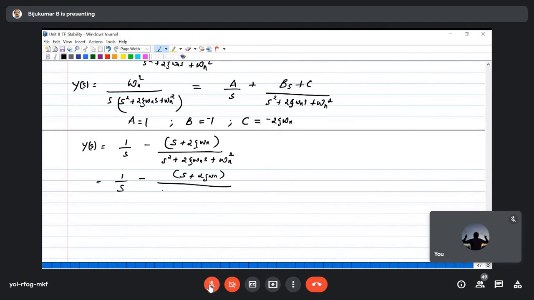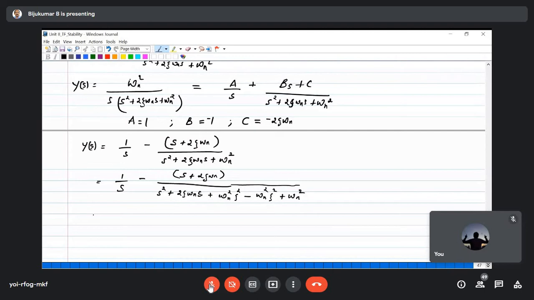In the denominator part, I'm introducing 2 zeta omega n s, plus I am adding and subtracting omega n square zeta square, minus omega n square zeta square, plus omega n square.